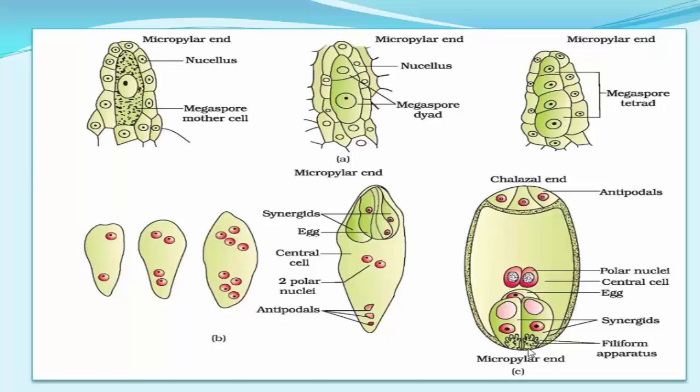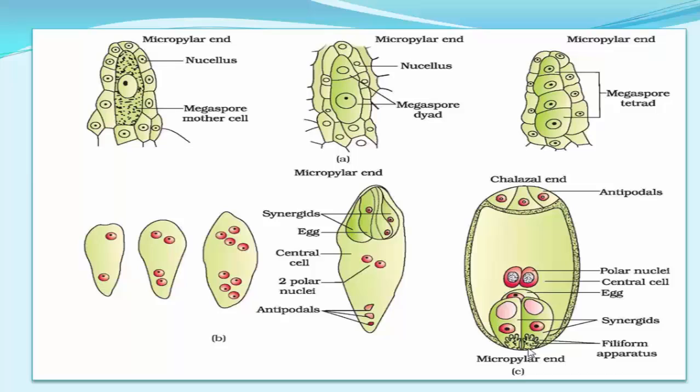So these are the structural details with respect to the embryo sac located in the center of the nucellus, also known as the female gametophyte, and in angiosperms the mature embryo sac is an 8 nucleate and 7 celled structure. 3 nuclei from antipodals plus 2 polar nuclei is 5, 1 nucleus of egg and 2 nuclei of synergids.